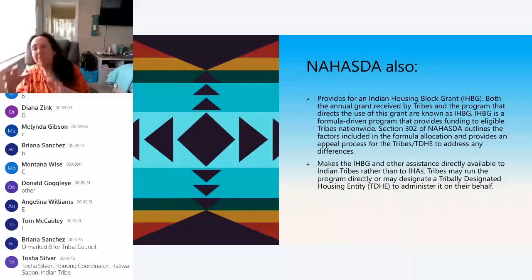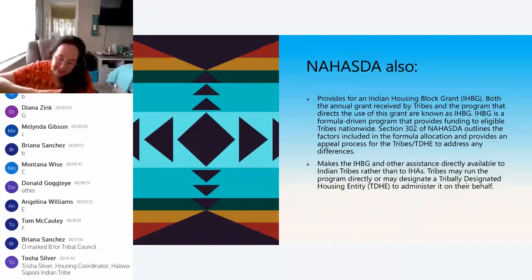Okay. So NAHASDA provides for an Indian Housing Block Grant, both the annual grant that's received by the tribe and the program that directs the use of this grant is known as IHBG. Okay. Section 302 of NAHASDA outlines the factors in our formula allocation. We're going to get into that later on, so you can find out what goes into the mechanisms involved in awarding those funds.